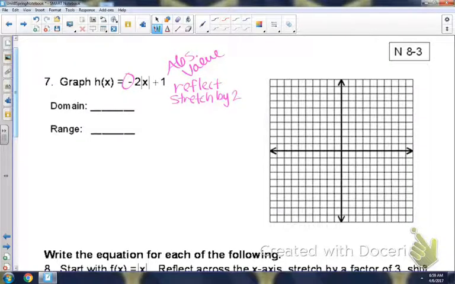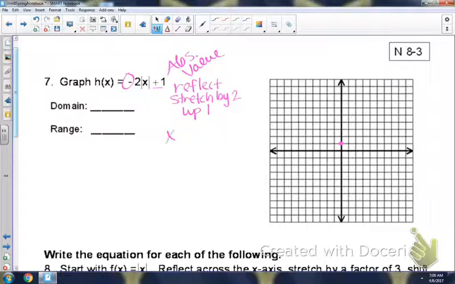We're not adding or subtracting anything, so there's not going to be a horizontal shift. On the outside, we're adding 1, which is a vertical shift. We'll be going up 1. So on your V, we do have a 0, 0 point. That's the point of your V. So we're going to shift it up 1. We're not shifting left or right, just up 1.